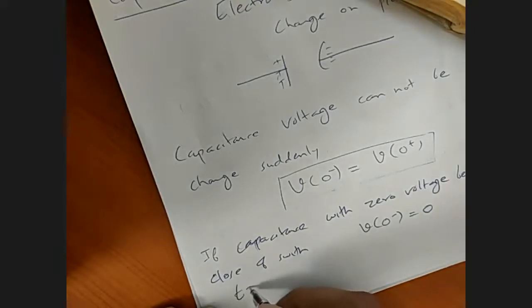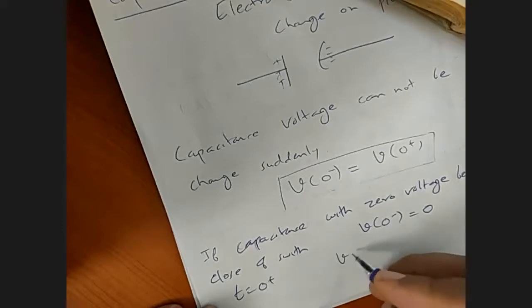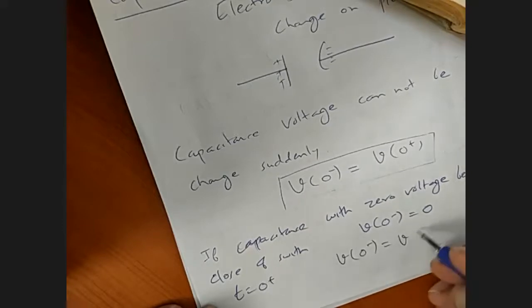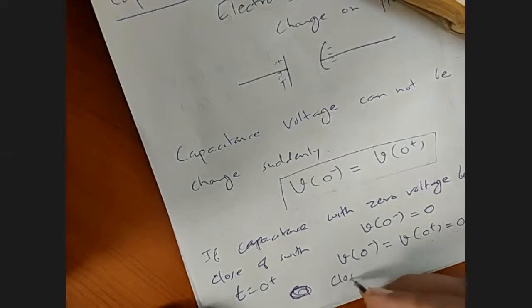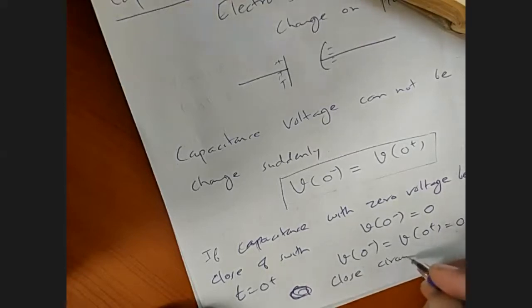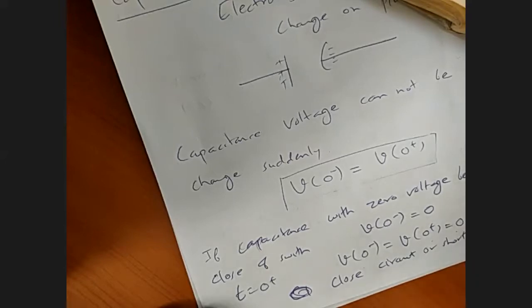So at t equal to 0 plus voltage cannot change. That means V0 minus will be equal to V0 plus, that will be equal to 0. That means voltage 0 होना चाहिए. Voltage 0 means closed circuit or short circuit.